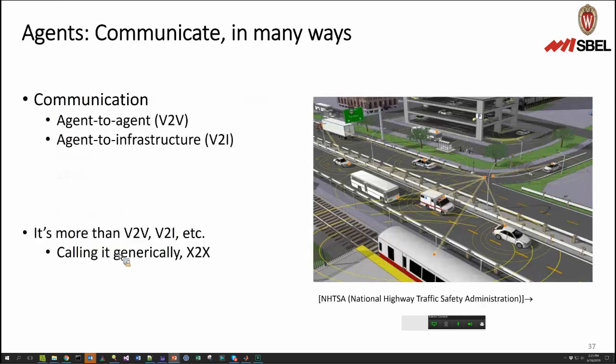I didn't say anything about the communication, but I mentioned that there is a communication server, and this is in place to fake communication. This communication can be vehicle to vehicle, or vehicle to infrastructure, and so on.